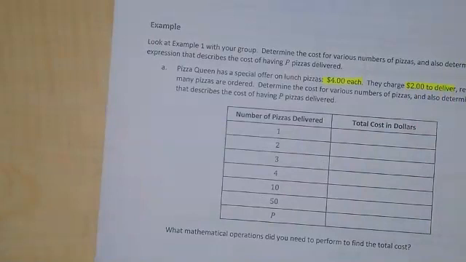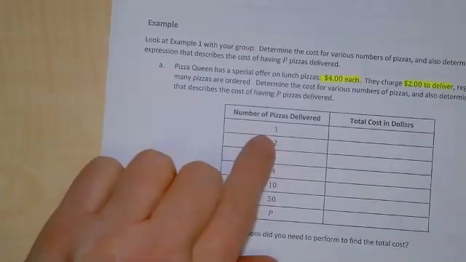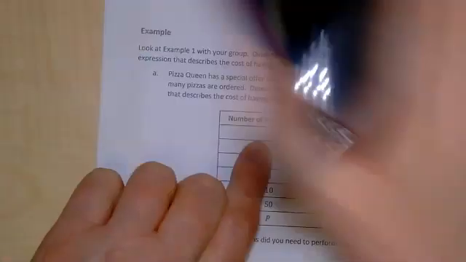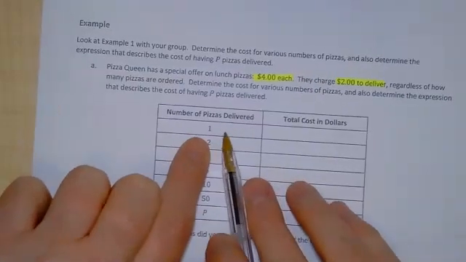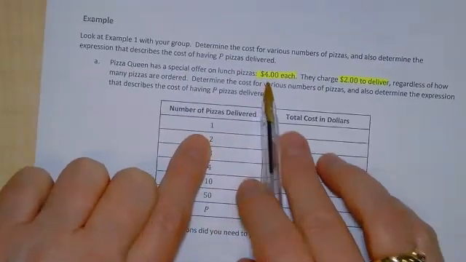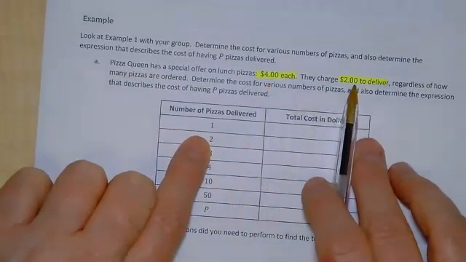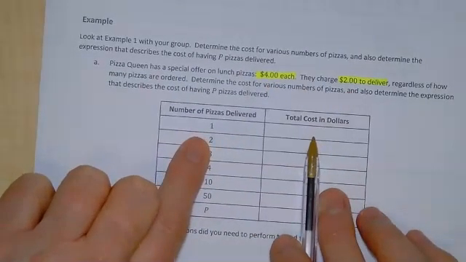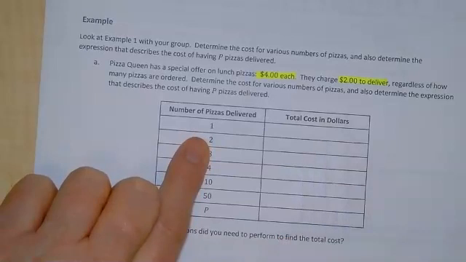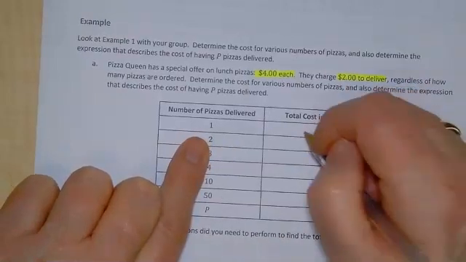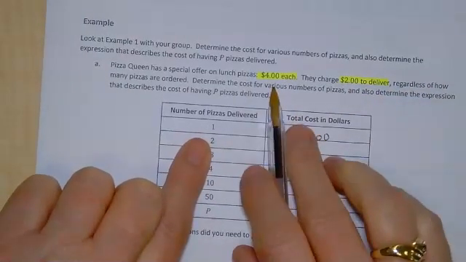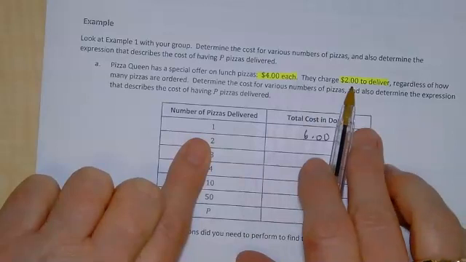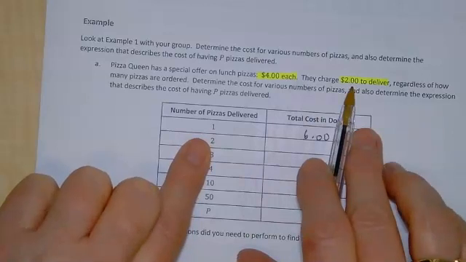Determine the cost for the various number of pizzas. So my question to you is this. If I order one pizza, I have to pay for the pizza, plus I have to pay for delivery. What would I write as the total cost, Lene? $6. One pizza, $4, delivery charge $2, total $6.